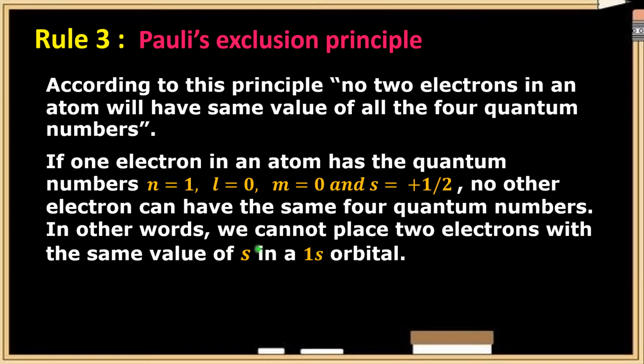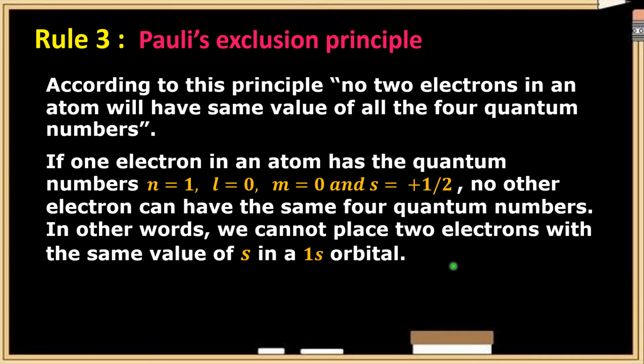In other words, we cannot place two electrons with the same value of spin, that S means spin, in a 1s orbital.